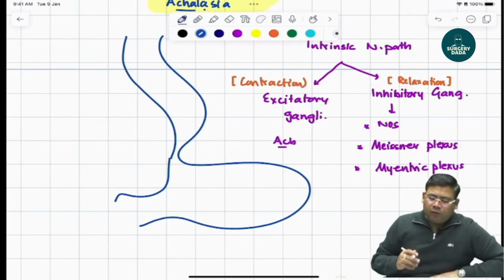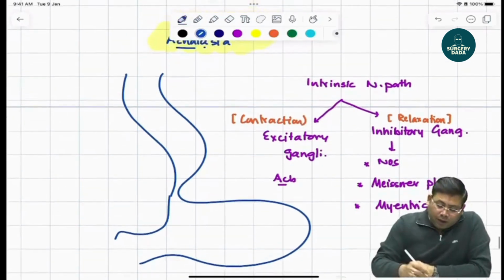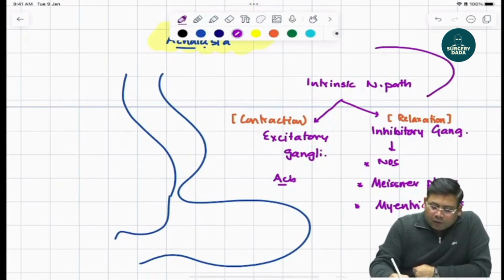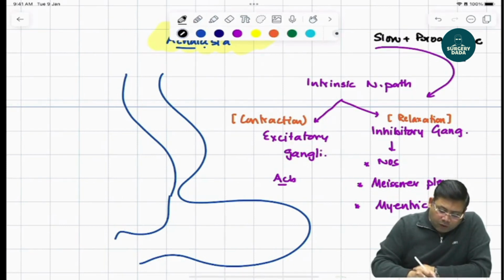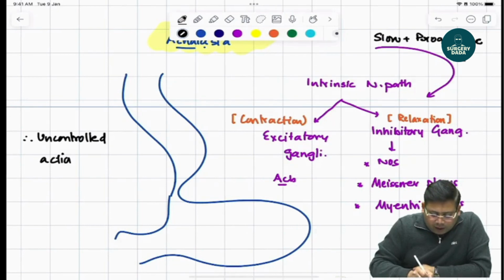Now do you know what happens in achalasia? In achalasia you have slow but progressive loss of the inhibitory ganglions, and this is very important. Therefore there is uncontrolled action of acetylcholine. So what is going to happen?